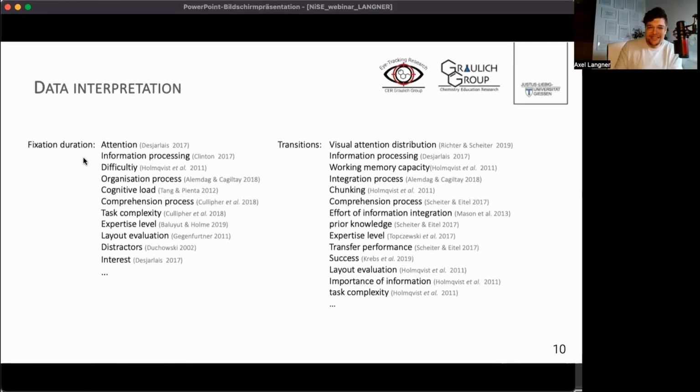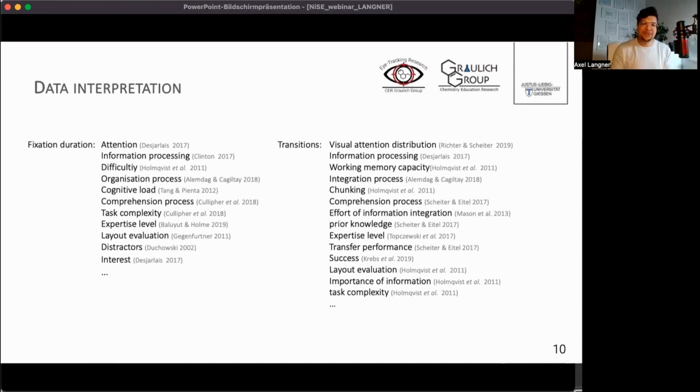Somebody else says, no, it's information processing. Another one says, nah, it's an indicator for difficulty of the task or the element. Another one says, no, it's an indicator for the task complexity, distractors, task expertise level, and stuff like this. So the problem is that it really depends on the context.